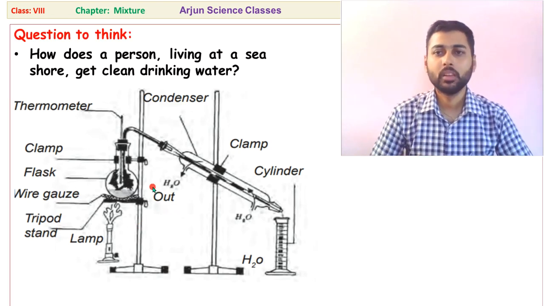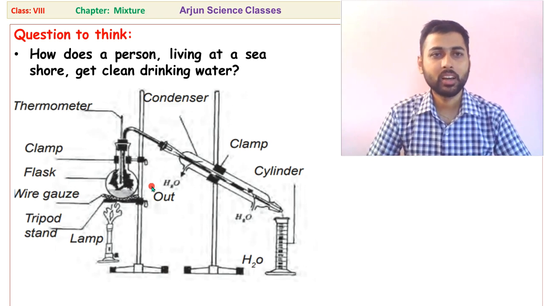First of all, I'm going to ask one question for all of you. The question is: how does a person living at a seashore get clean drinking water? That is the question. Again, listen.